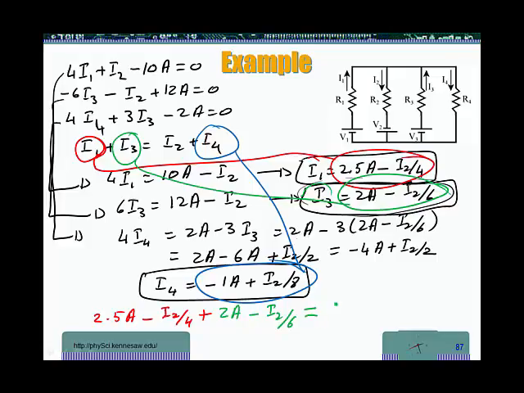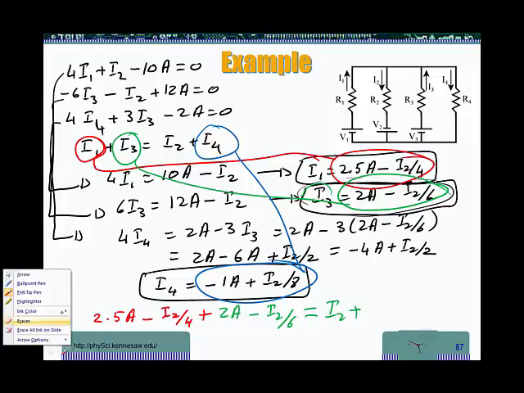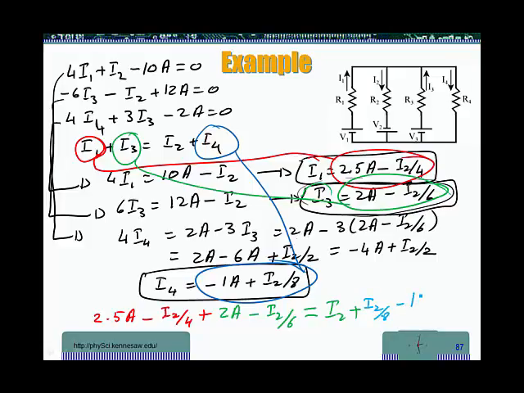That's going to be equal to I2, that's remaining from there, plus for I4 I'm going to use the blue, and I'm going to flip them because of that minus sign, I2 over 8 minus 1 amp. Okay, that's the equation that I get.